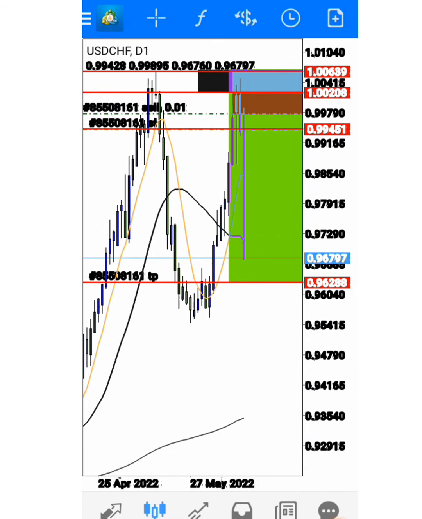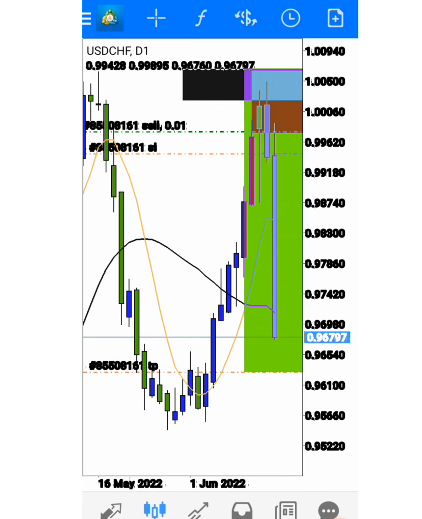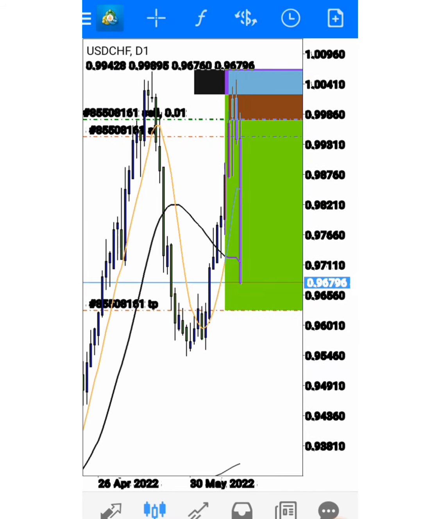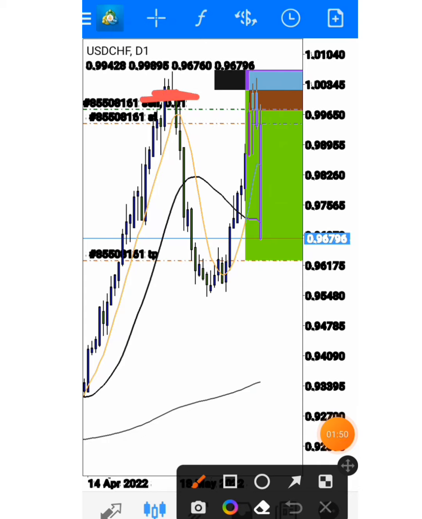So take a look at this market. I entered this market with the help of this previous history, and this is a supply zone, a fresh supply zone, and it hasn't been tested before.